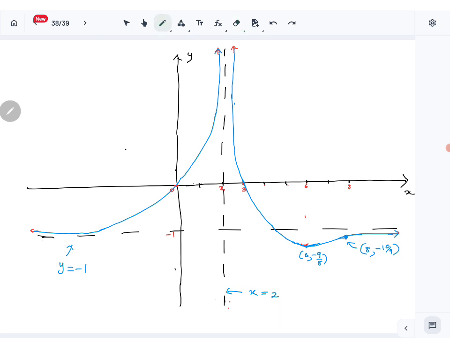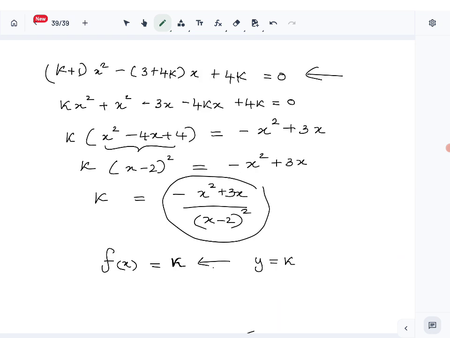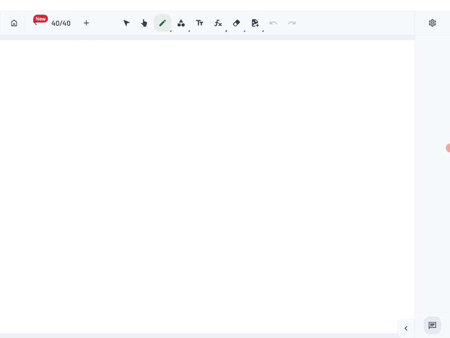So where is the one intersection point? That point. So if you draw the y equals k line through there, it only intersects at one point. So what is the k value for one solution? Minus 1. So the alpha answer is minus 1.